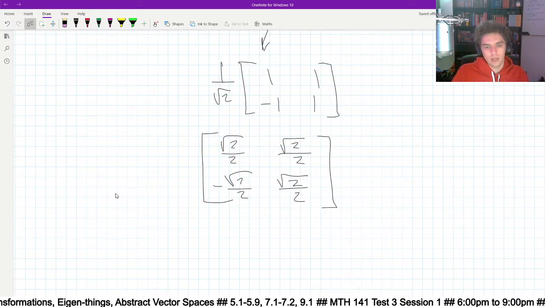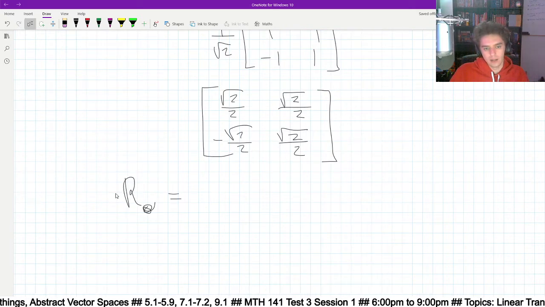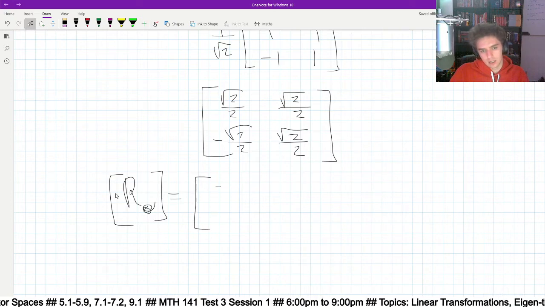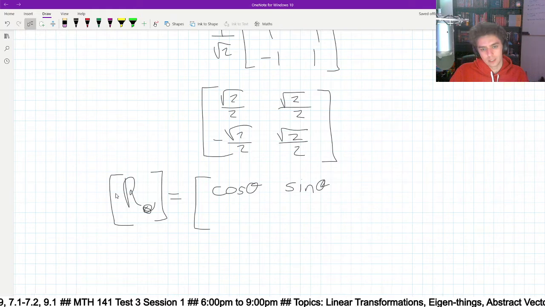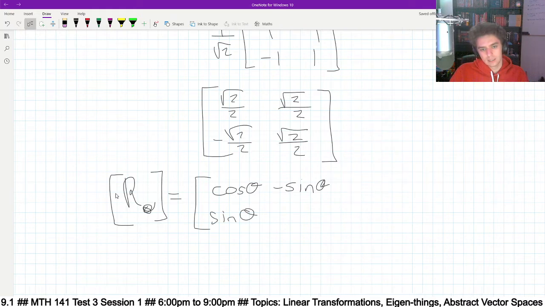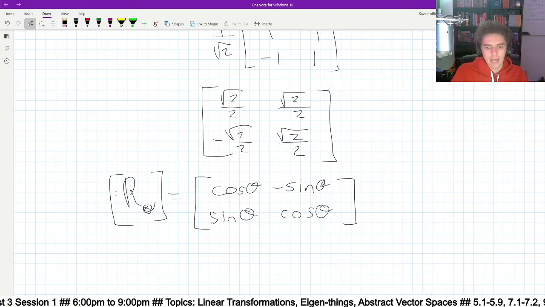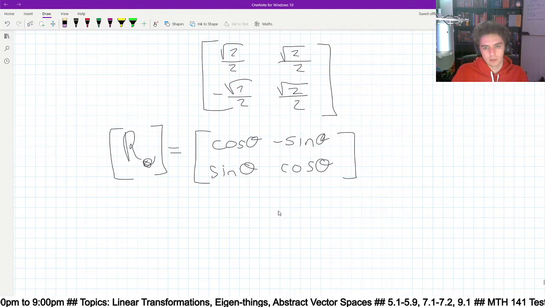And since I'm guessing this is going to be an r theta one, the matrix representation of r theta is cos theta, sine theta, negative sine theta, cos theta, right?